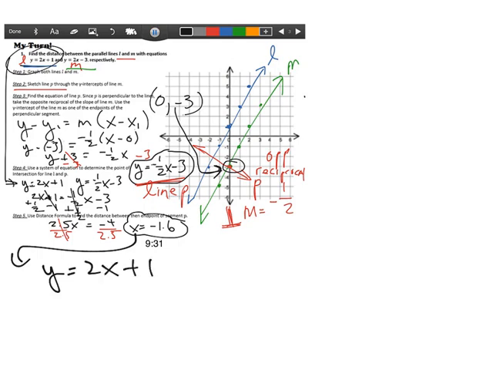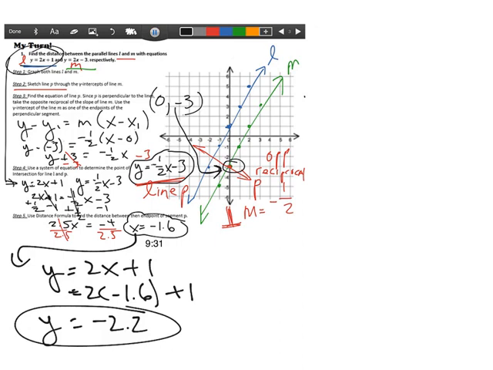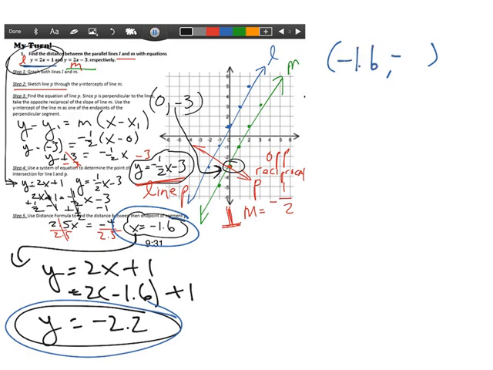Again, I'm going to substitute the value of x equals -1.6. So y equals 2 times -1.6 plus 1. Do the math. So now I have my new value of x and y. So let's go ahead and write the ordered pair of negative 1.6 comma negative 2.2.